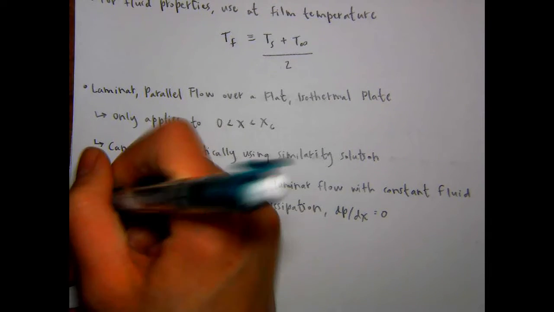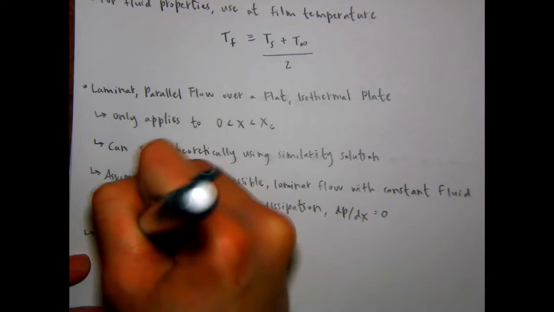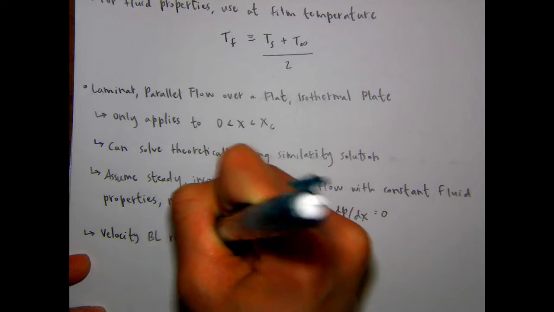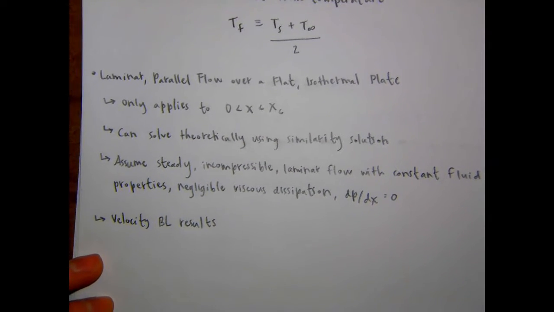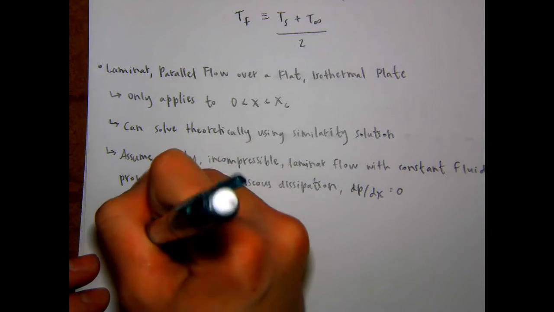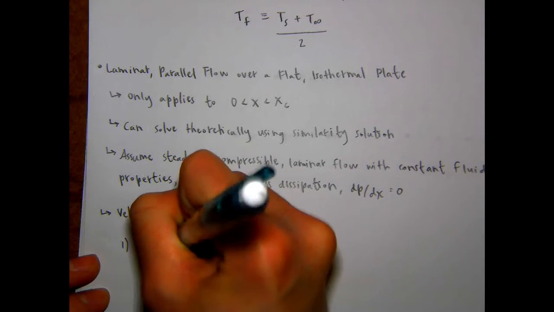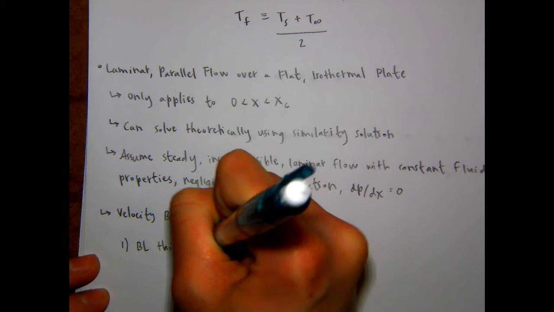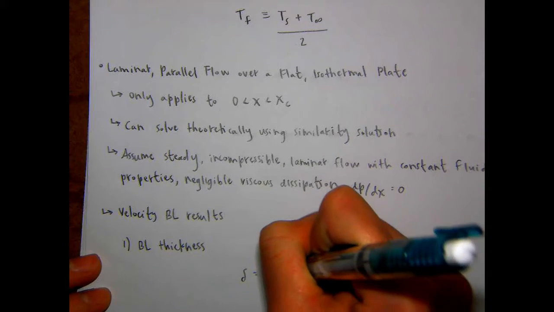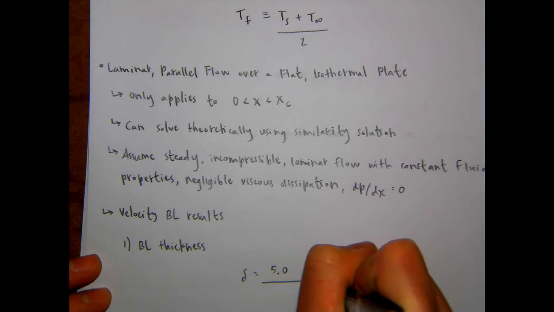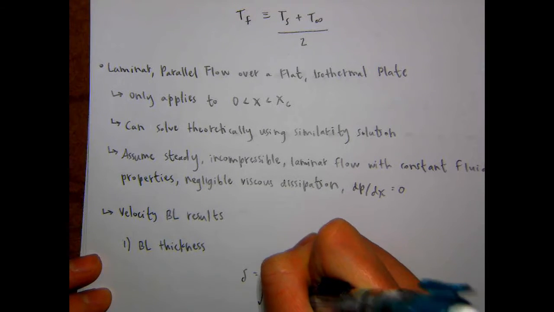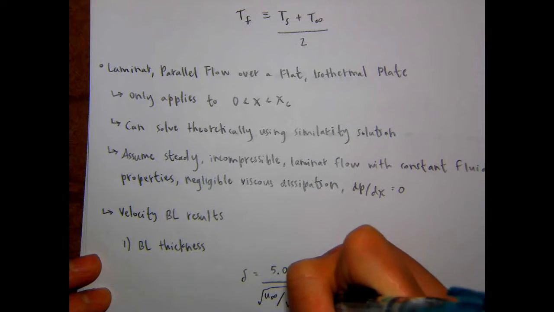So our velocity boundary layer results. We get expressions for the boundary layer thickness, which is 5 divided by the square root of u infinity over nu times x.